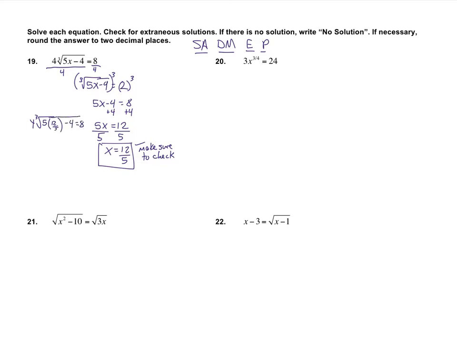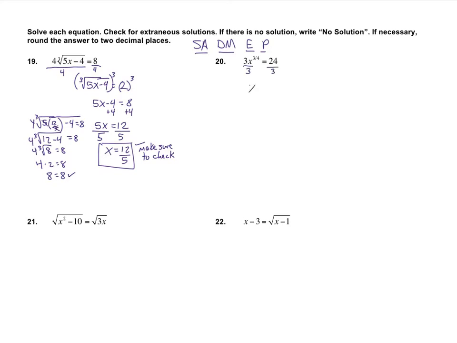That should all equal 8. 5 times 12/5 is 12. 12 minus 4 is going to give us 8 underneath the radical, so we've got 4 times the cube root of 8. Cube root of 8 is 2, so 4 times 2 is 8, which means our answer works, so x equals 12/5 is a correct answer.